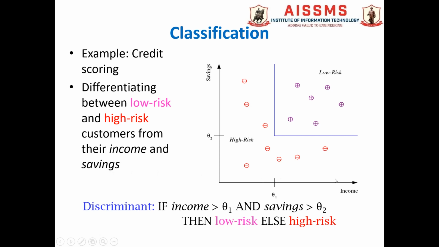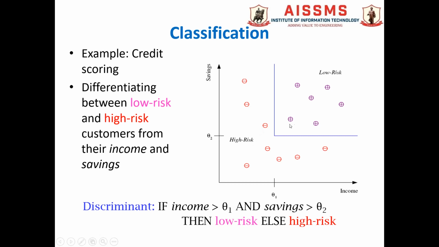If a particular customer has an income greater than theta 1 and savings greater than theta 2, then that customer will be categorized as a low risk customer, otherwise a high risk customer. So the bank will rethink their decision whether to give the loan to a high risk customer or not.